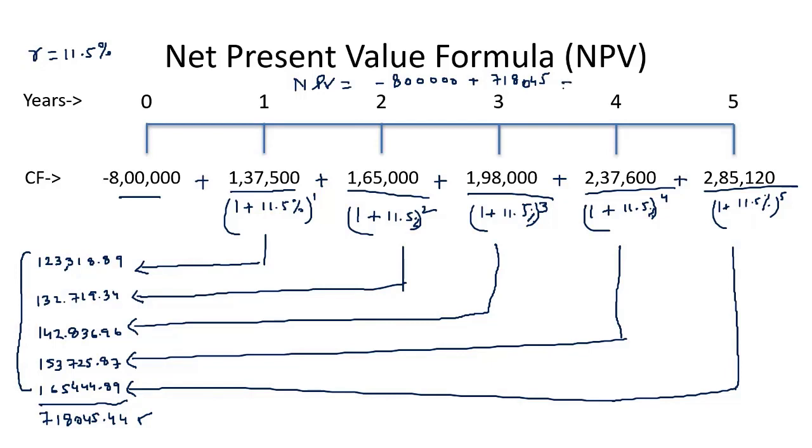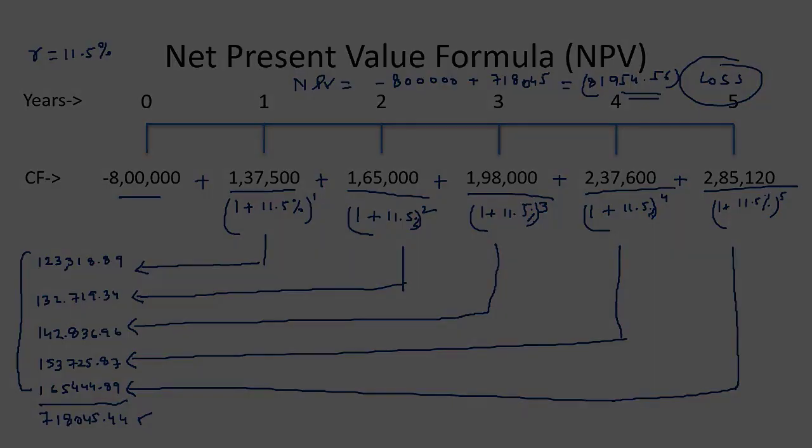So if you were to open this cafe, you will be incurring a loss of 81,954 rupees and 56 paisa. This is a negative number. This is a loss. So based on the NPV method, you should not be opening this cafe, because if you go with this cafe, you will be incurring a loss.